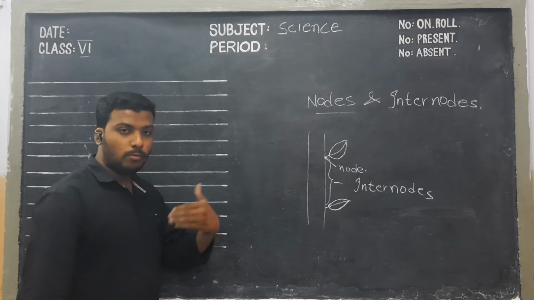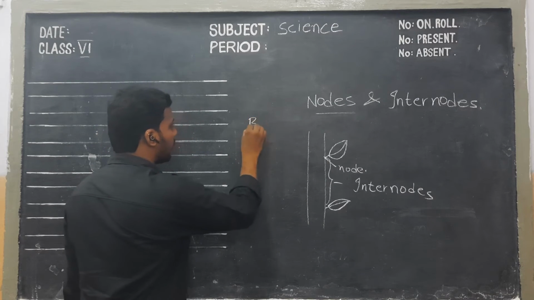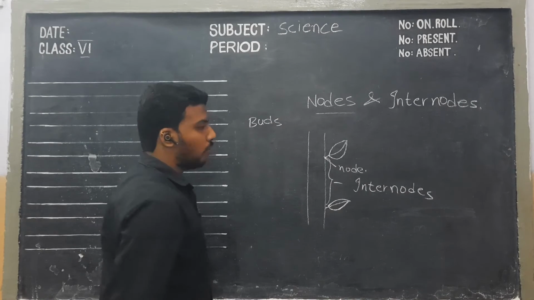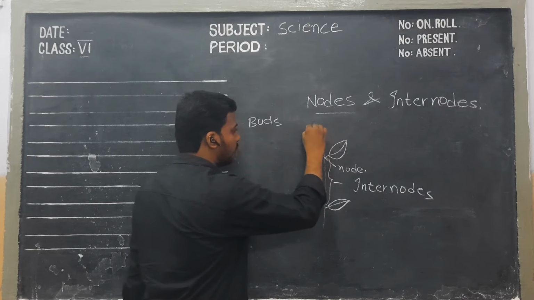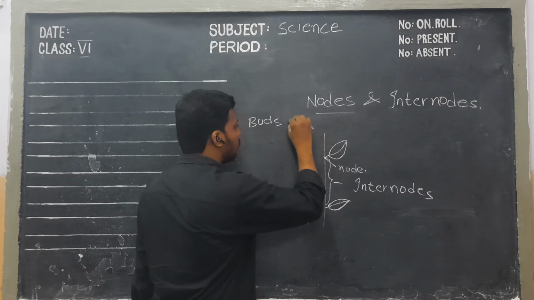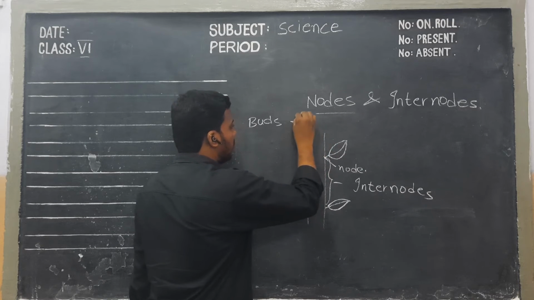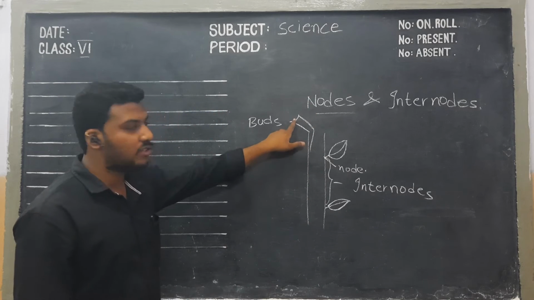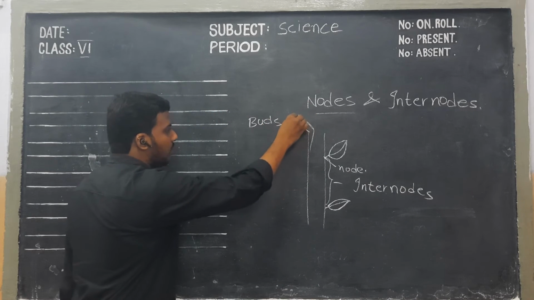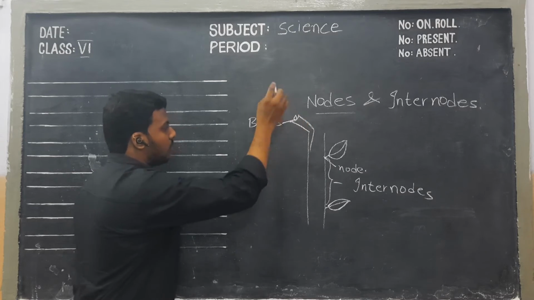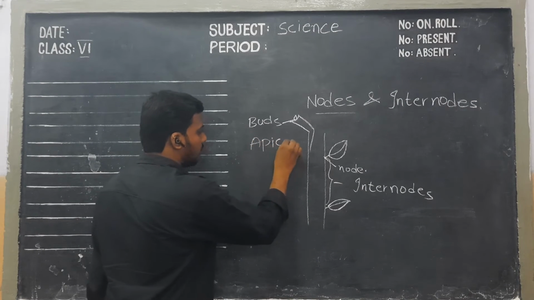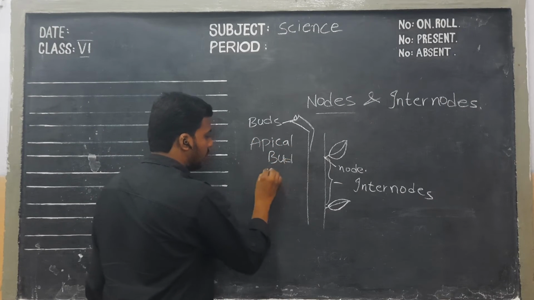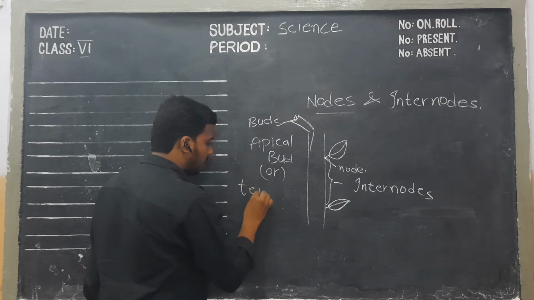Then two more concepts, children: buds. You know buds. Where do these buds grow? See, children, at the tip. Suppose this is one more sub branch. The tip of the stem is called a bud, so we can also call it an apical bud, or terminal bud.